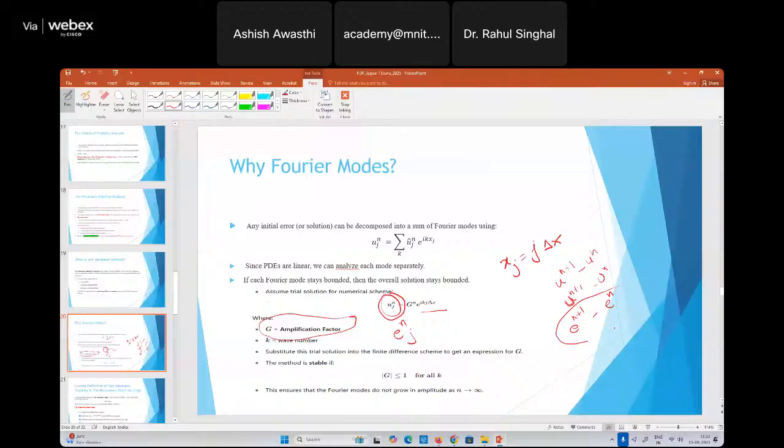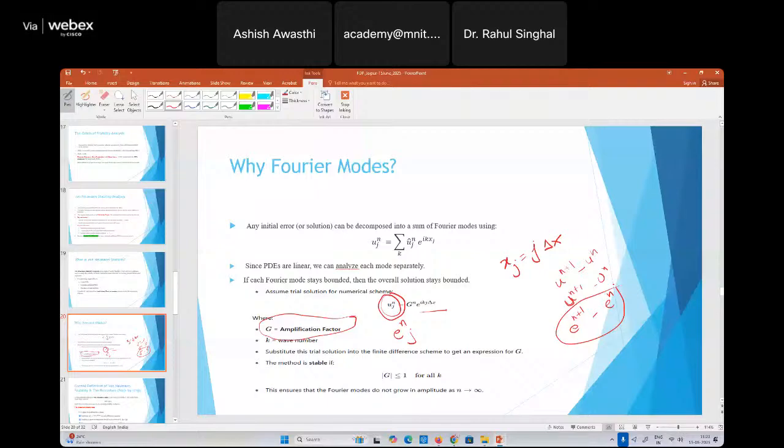Now you will analyze the growth of this error, because it is easy to analyze in waveform. In the sine and cosine waveform, you look at the amplitude. The wave size depends on the amplitude. If the wave size is not going to be uncontrollable, it should be under control. It is increasing multiple times, so g power n.